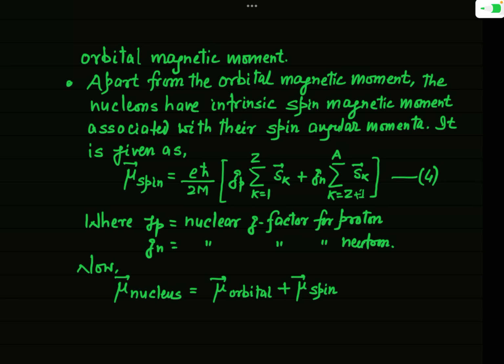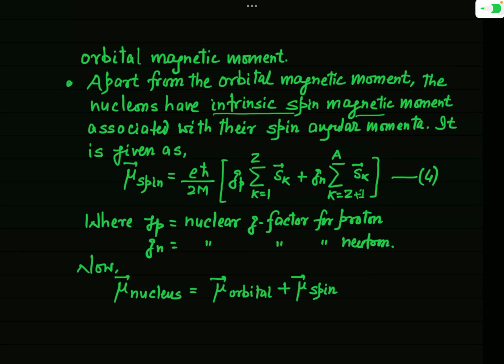Now, apart from this orbital magnetic moment, the nucleons also have some intrinsic spin magnetic moment, because you know the nucleons have intrinsic or spin angular momentum along with the orbital angular momentum, and so associated with the spin angular momentum, these nucleons have a spin magnetic moment too.